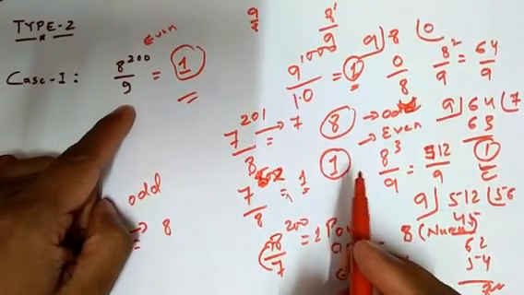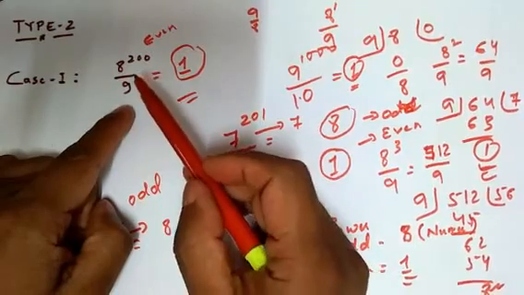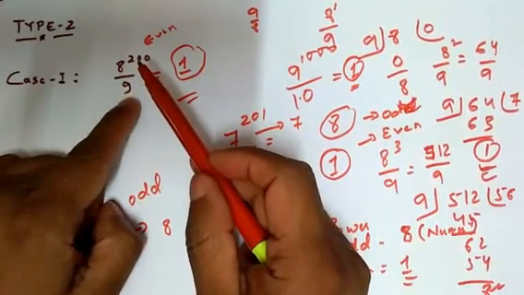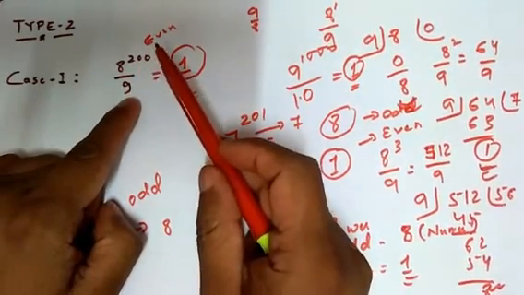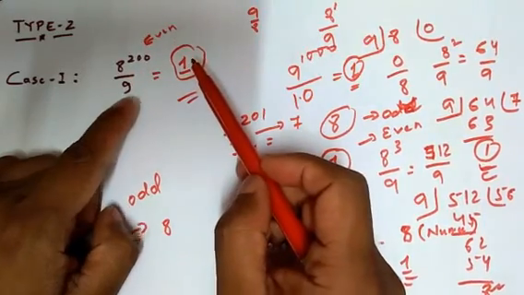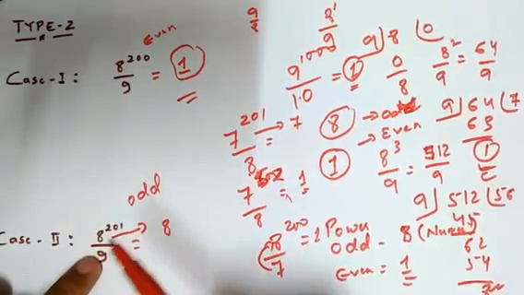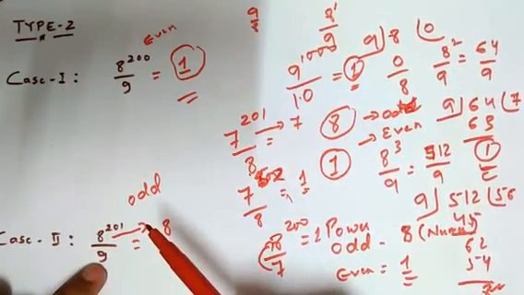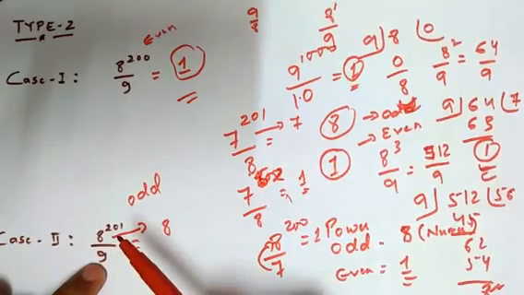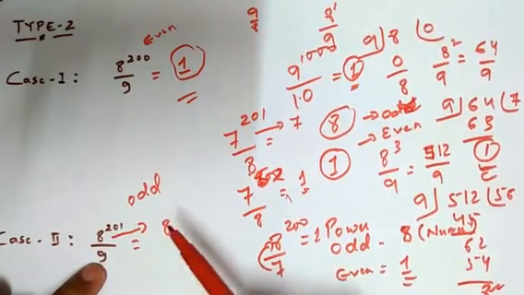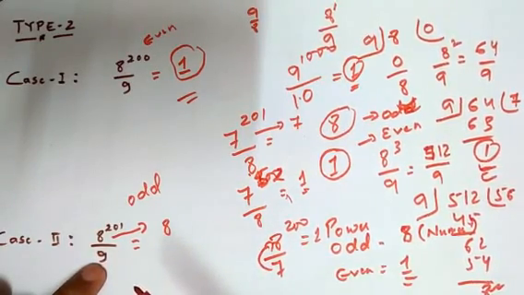In that case, if the power is even, then the answer will be 1. And only when the power is odd and the denominator is greater will the answer be the numerator itself, which is different from 1.